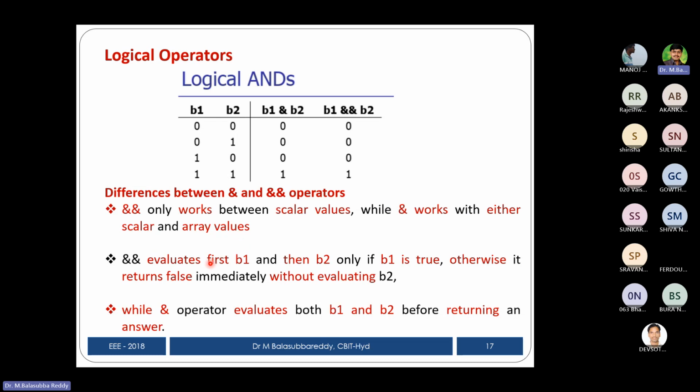But the major part is in the calculation, what it will do, you can see here. First B1 will be calculated, then B2 needs to be calculated only if B1 is true.